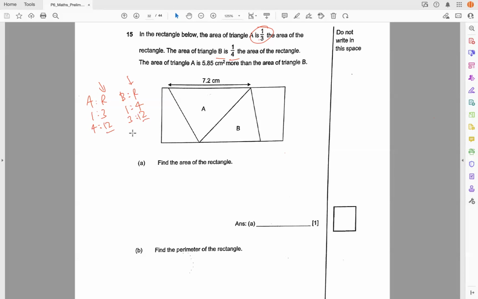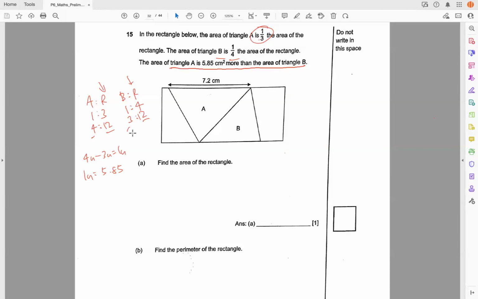The question provides that the area of triangle A is 5.85 square centimeters more than the area of triangle B. Meaning this minus this was 1 unit, and that 1 unit is equal to 5.85.